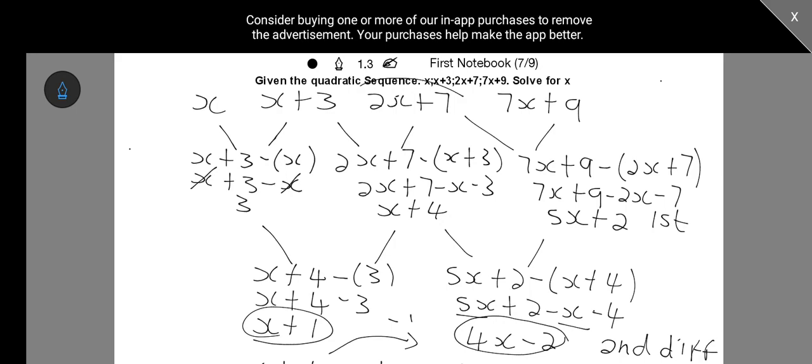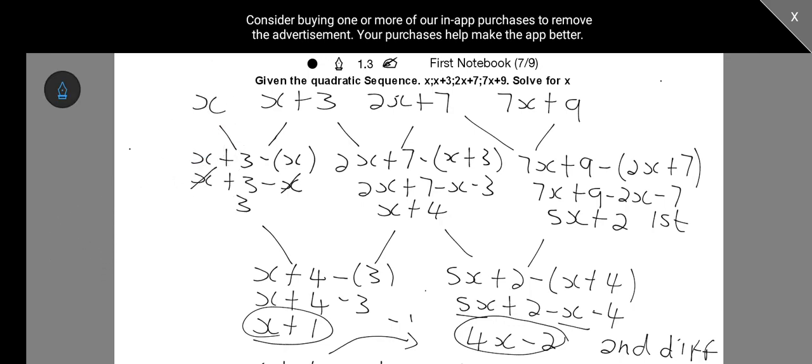And then t3 is equal to 2x plus 7. When you are saying t3 minus t2, you will say the entire of 2x plus 7 minus, then you put this inside the bracket like we have done here. Then at the end, you have the first differences. We have got 3, we have got x plus 4, and we have got 5x plus 2.